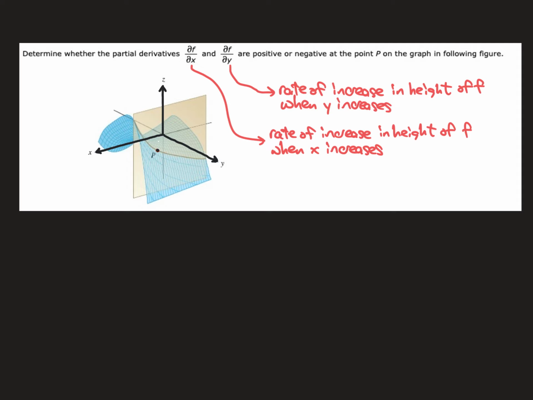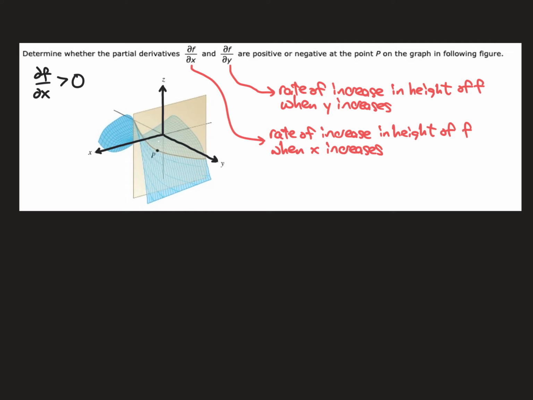So if we are at the point P, and we increase x by a small amount, what we see is that the corresponding change in the value of the function is positive. It is a positive change in the height of the function, and what this tells us is that partial f partial x is in fact positive.